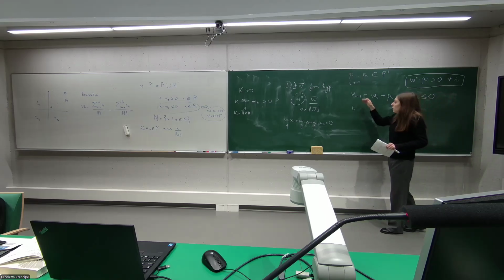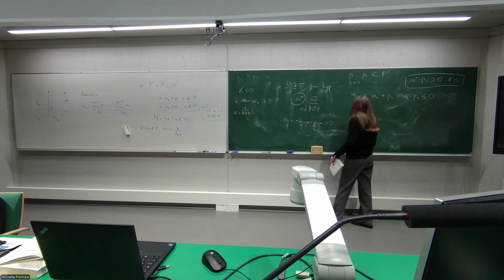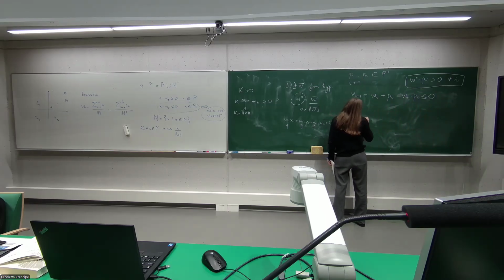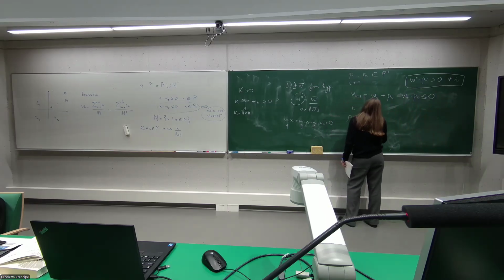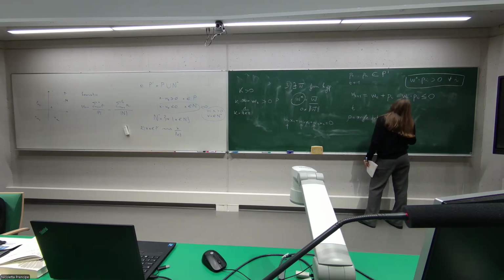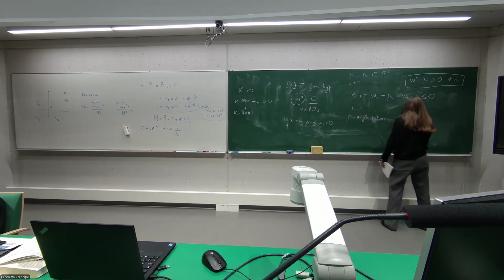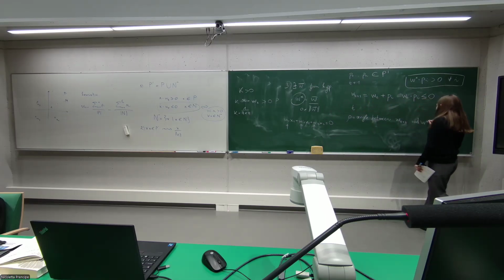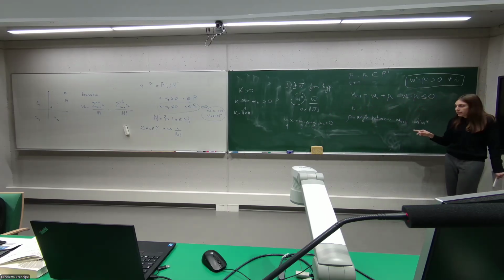Okay. Now, I could draw the angle between W star and W_{t+1}. I call this angle rho.